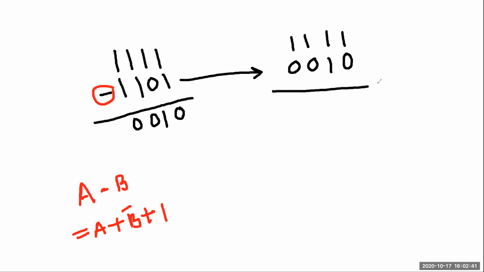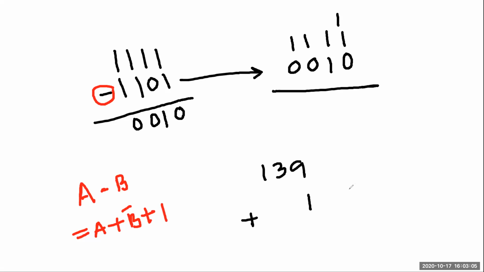Now we have one more 1. This 1 will be at the first place. Because if I ask you 139 plus 1, this 1 will be at which place? This place, right? Yes, sir.